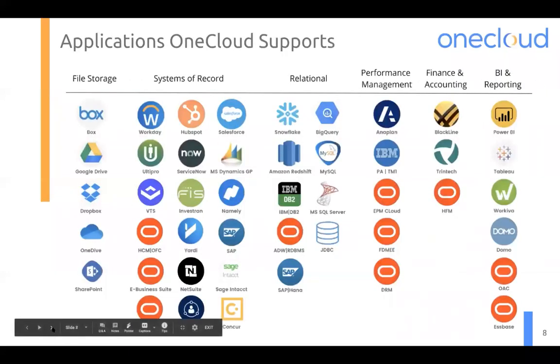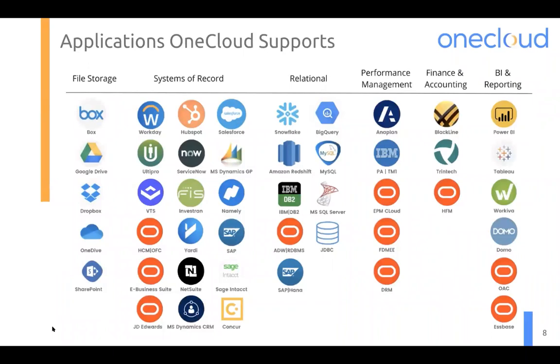And just a bit about the apps that OneCloud does support. So, various apps like file storage, like Box and Google Drive, in combination with systems of record, all sorts of systems of record like Microsoft Dynamics or Workday, combination with relational or tabular data sets, performance management.